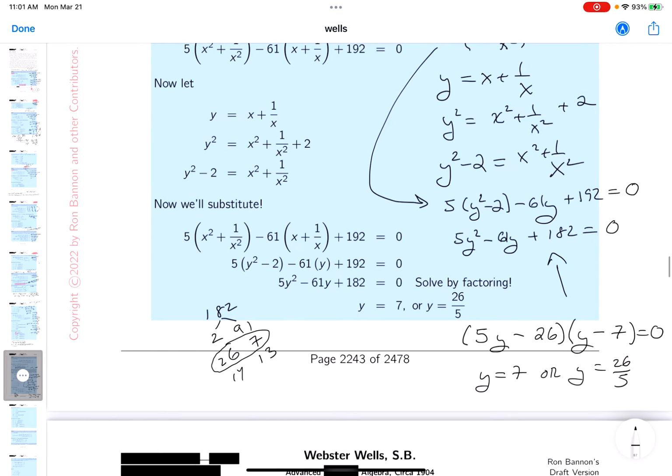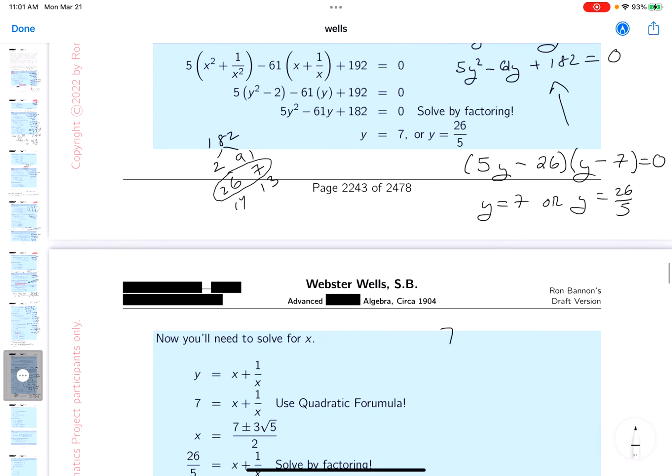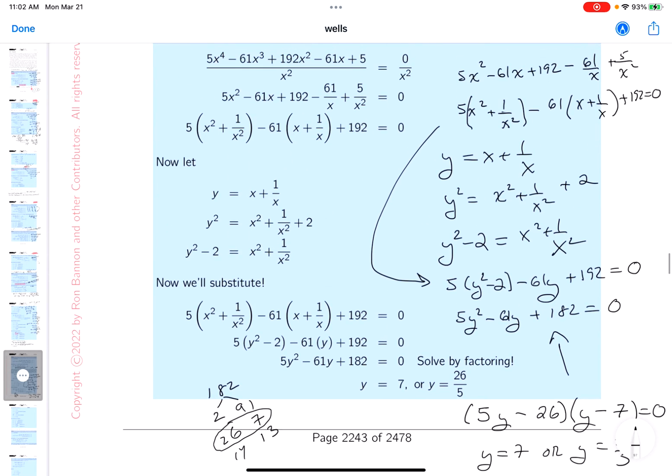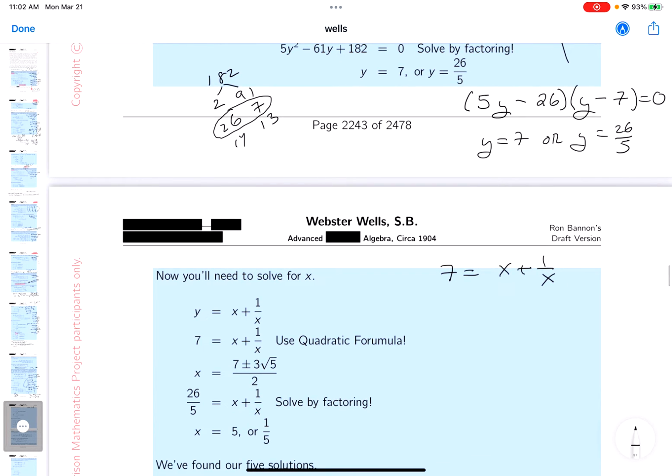So someone says, what are you going to do now? I don't want y, I want x. So I've got to do the work. Remember what y is. It's x plus 1 over x. Multiply both sides by x. And what do you get? X squared minus 7x plus 1 equals 0.